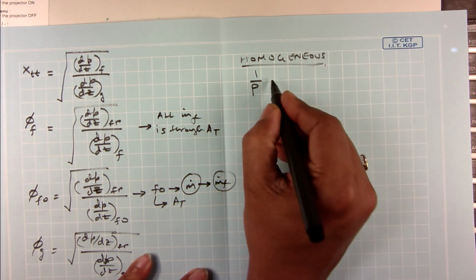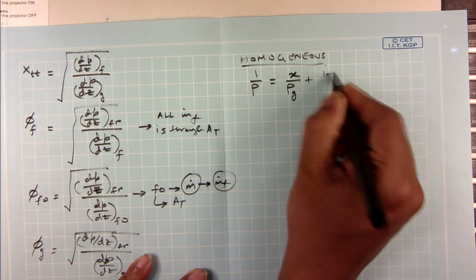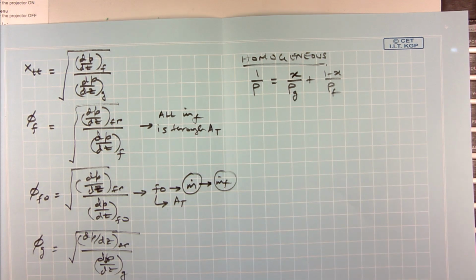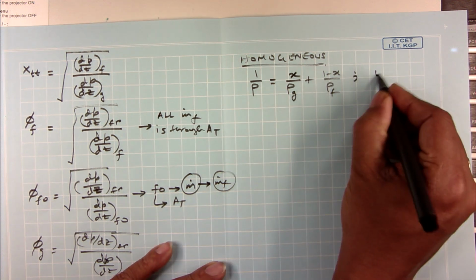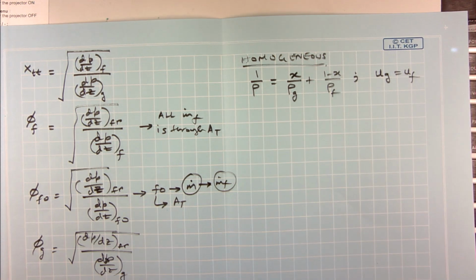and that fluid has an equivalent density which is x divided by rho g plus 1 minus x by rho f, right. That is your steam table equation. And then the other assumption is your UG is equal to UF, both your liquid phase and your gas phase are moving with the same velocity.